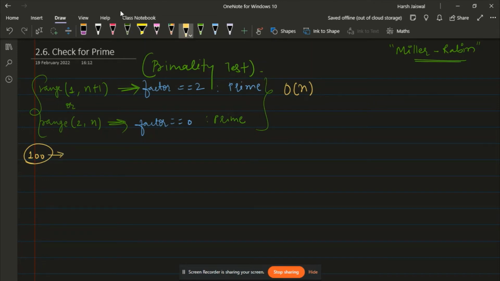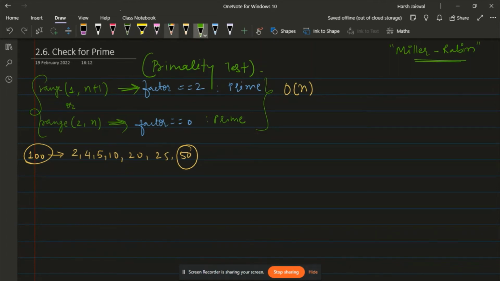Now let us write the factors of 100: 2, 4, 5, 10, 20, 25, and I guess 50. These are all the factors of 100. What you can observe here is that the largest factor is 50, that is n by 2.